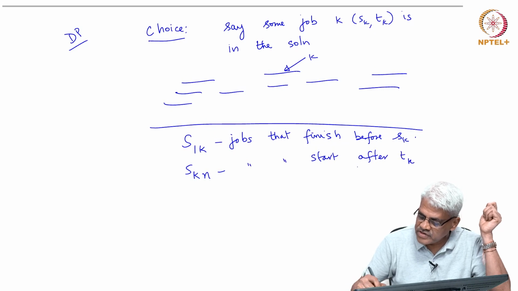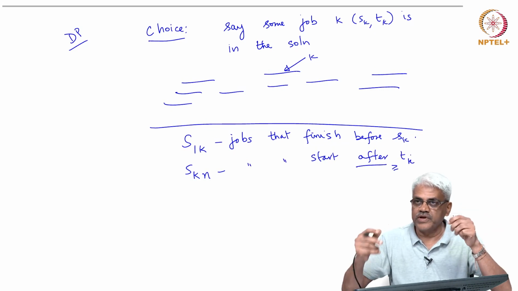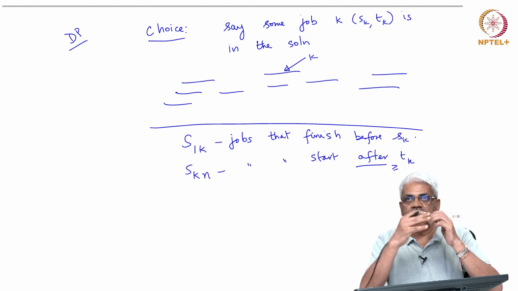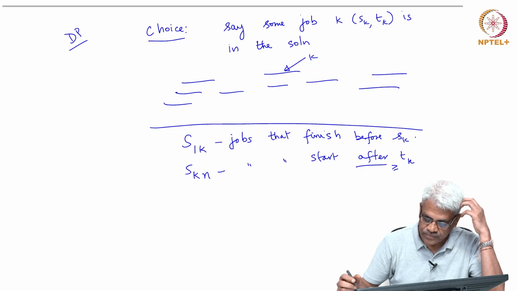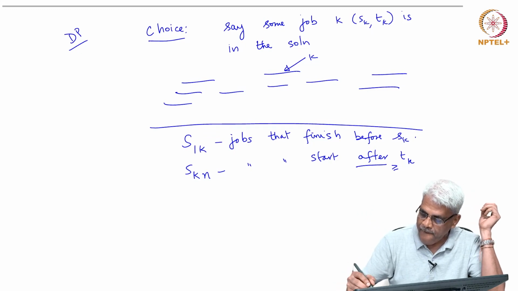When I say here after, it's greater than or equal to, remember, because the right side is an open interval. So the Tk time slot is actually free. Whereas here before means strictly less than.